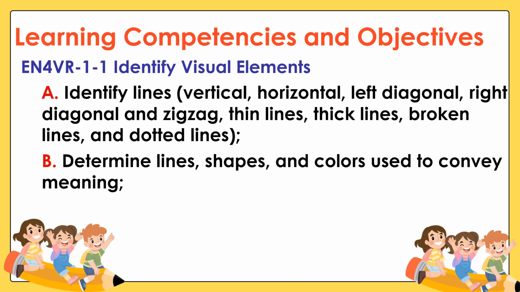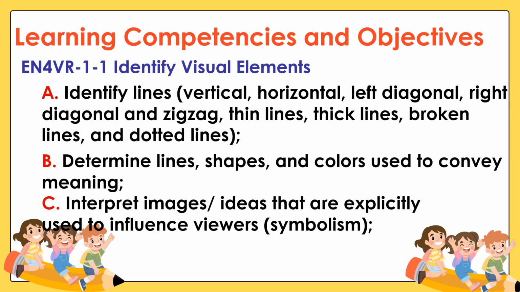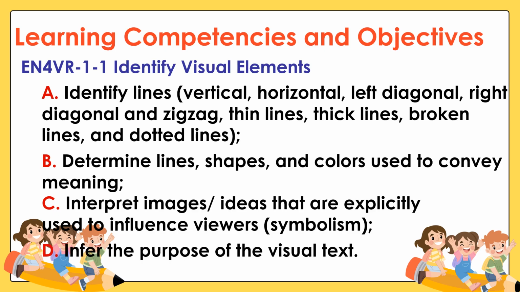B. Determine lines, shapes, and colors used to convey meaning. C. Interpret images or ideas that are explicitly used to influence viewers or symbolism. And D. Infer the purpose of the visual text.